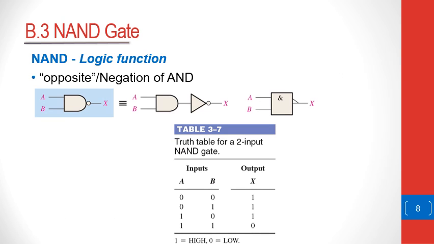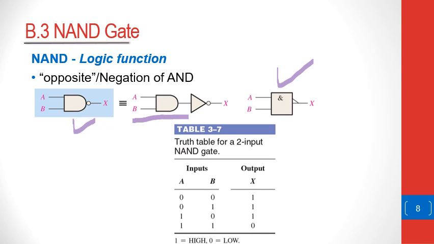The next gate is the NAND gate, or the negative AND gate. The way the NAND gate is made is it's like an AND gate with a bubble. The bubble simply means it inverts the output. So the symbol for the NAND gate would be like that, or this way.